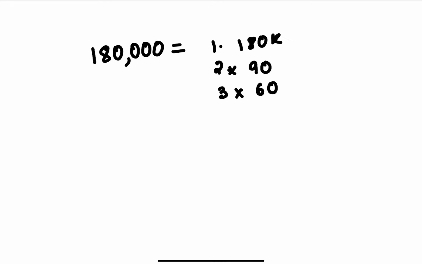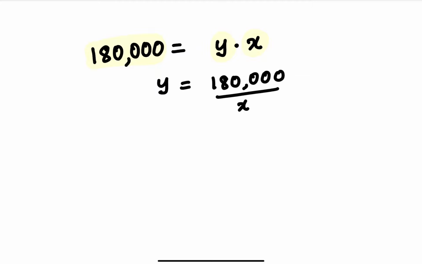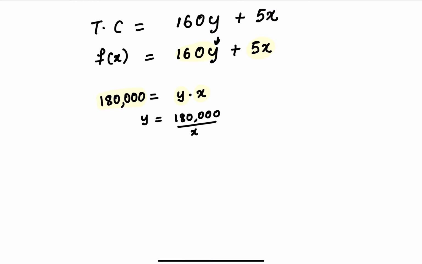So you can see that I can run the production y times and produce X number of boxes, because the boxes times the production runs should give you the total amount of bandages that you have to produce. Once I know this, my Y is simply 180,000 divided by X.